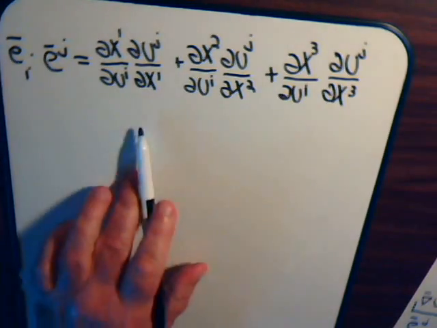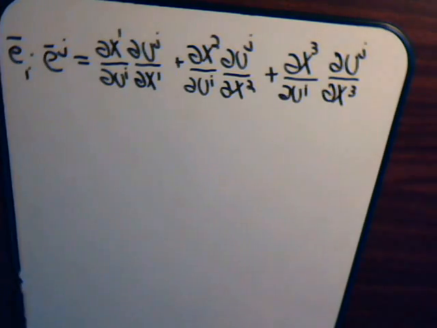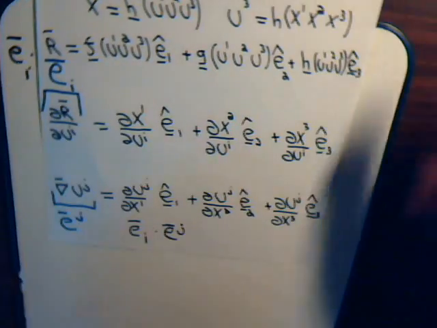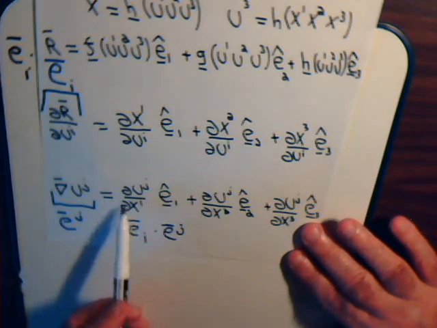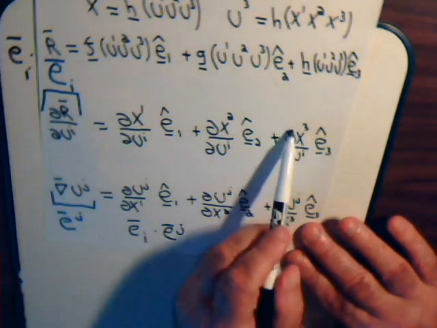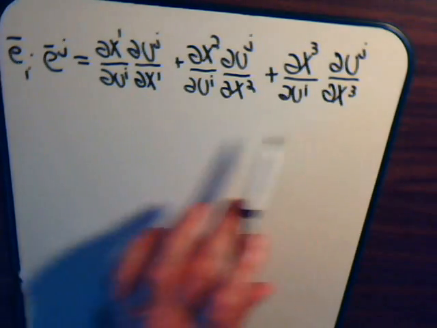And again, these three terms simply come from this times this plus this times this plus this term times this term gives us this expression.